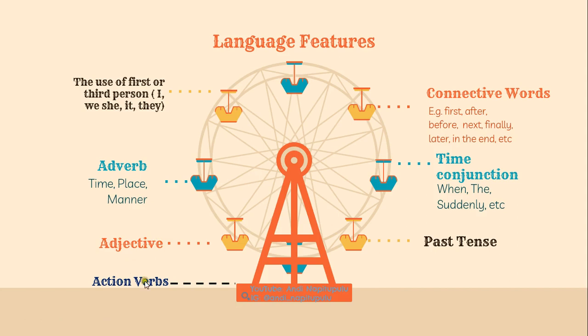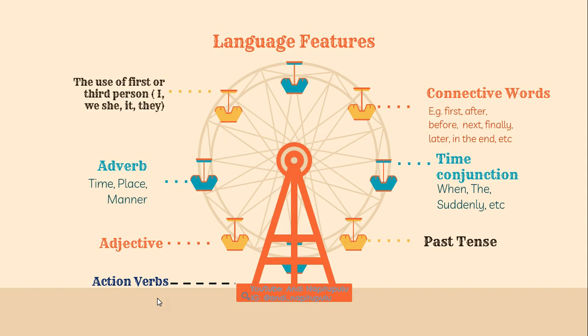Okay? And action verbs. Action verbs in here mean how the character does something, like killed, loved, maybe kiss. It depends on your story, by the way.